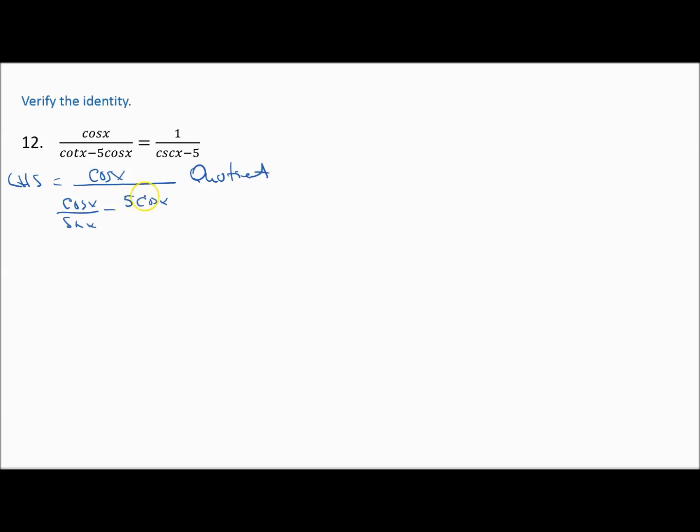Now, this is telling me that this is a fraction minus a fraction. I need a common denominator. So this is going to be equivalent to cosine of x over cosine of x over sine of x minus 5 cosine of x, and I'm going to multiply that by sine of x over sine of x. So I have a common denominator, and that's a unity fraction that we're doing right there.